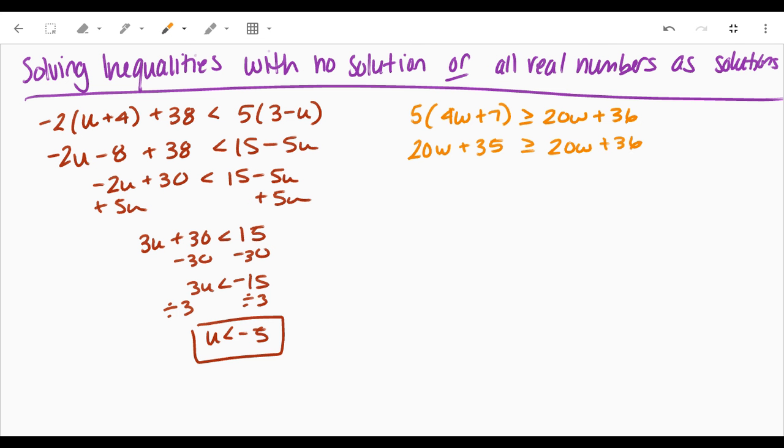But we can simplify it down, just like before when it was linear, to an untrue expression. So if I subtract 20w from both sides, I'm left with 35 is greater than or equal to 36. And that's not true, right? This is not a true statement. 35 is never greater than or even equal to 36. So we would say that there is no solution here.